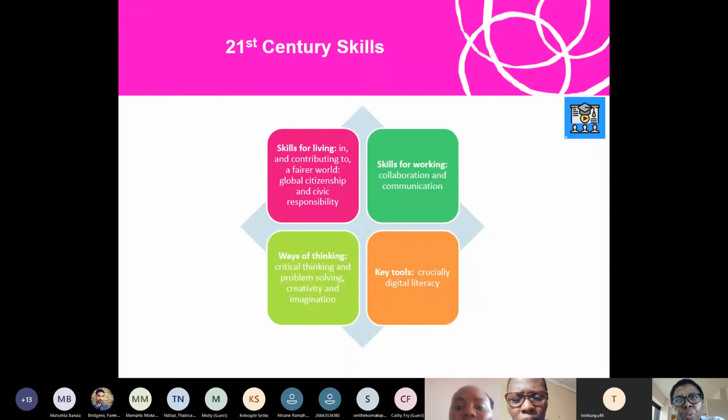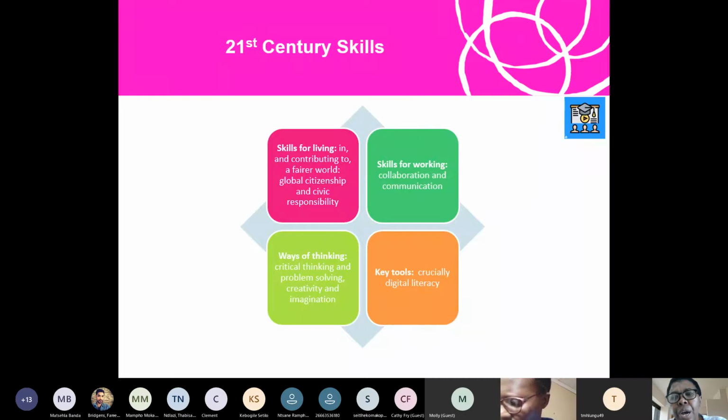It doesn't matter which grade the child is in, even if a grade R, a grade 1, a grade 2 can be creative at that level. So when we talk core skills, we'll be ensuring that at the end of a grade, a learner has achieved particular critical skills for that grade, problem solving skill for that grade, creativity and imagination.